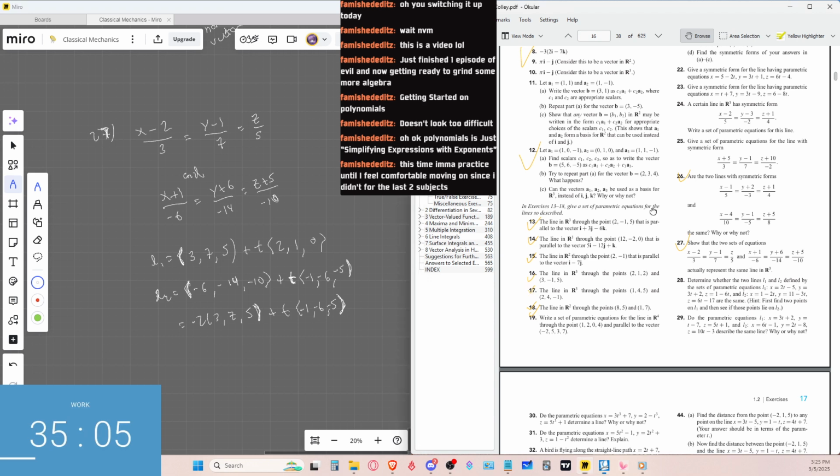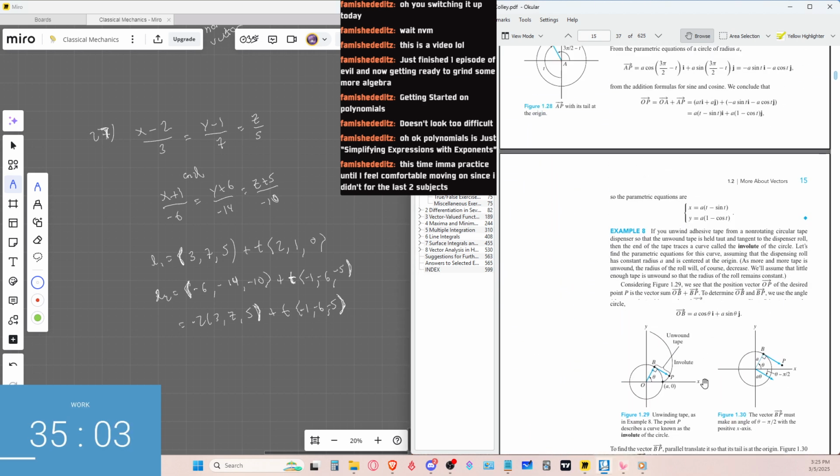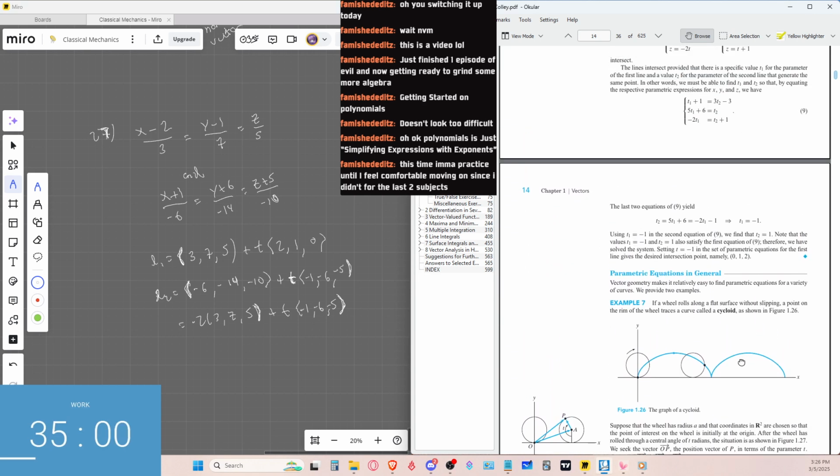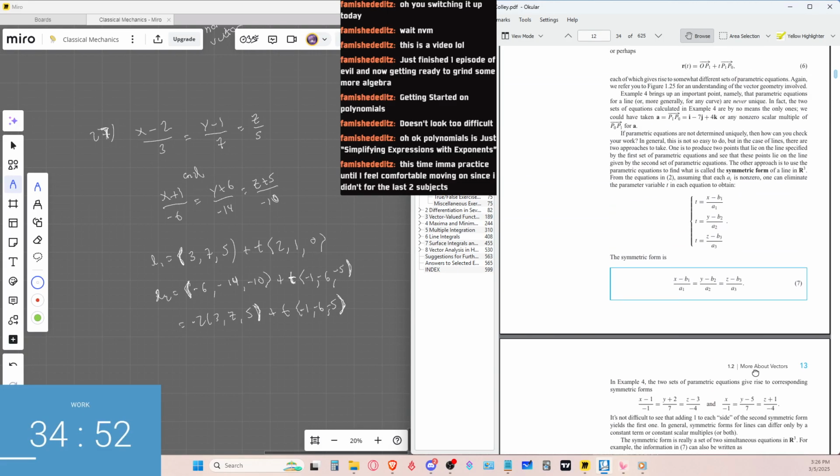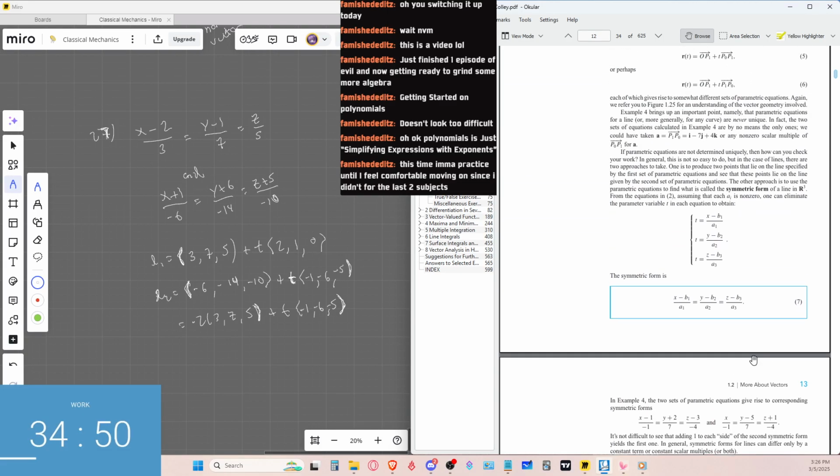Maybe I have to see how they did it here. Determine where the two intersect. So this is the symmetric form.